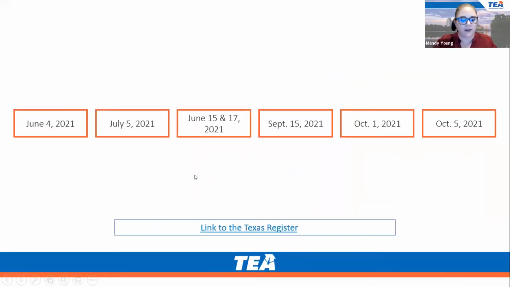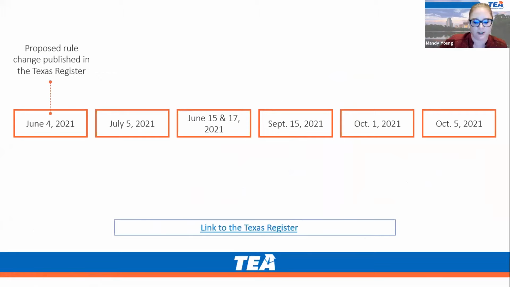So here's a timeline. Let's talk about the timeline for these changes. Just to give you some background, back in June, there was a proposed rule change that was published in the Texas Register. Then between June 4th and July 5th, there was a public comment period where people could go and read about the proposed changes. They can make suggestions through comments.